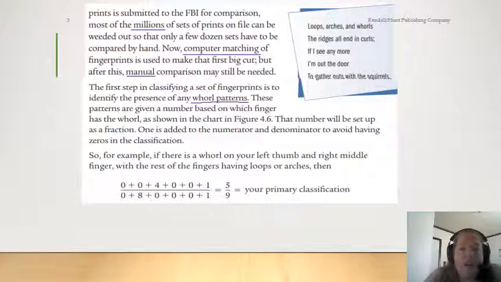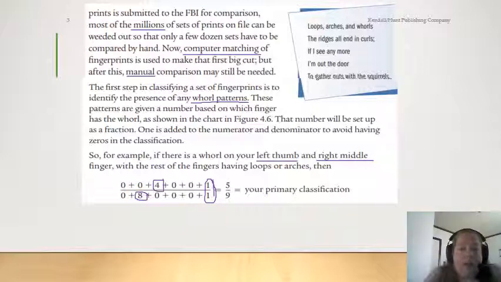That number will be set up as a fraction. And as I said, at the end, it adds the ones so that you don't ever have a 0. So if you have a whorl on your left thumb and your right middle finger, you are going to have an 8 here and a 4 here.